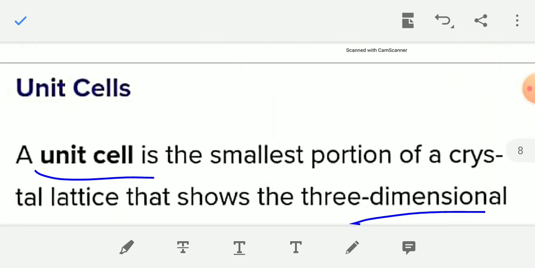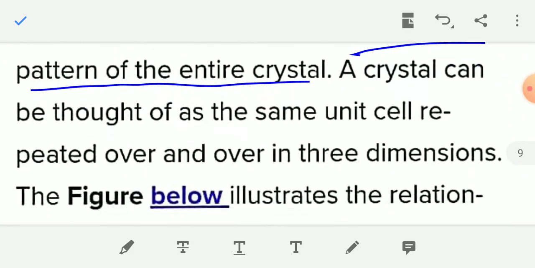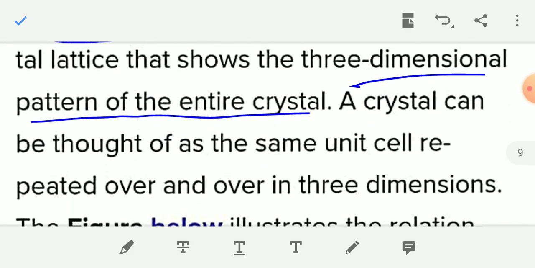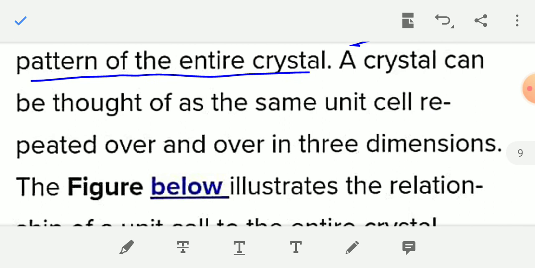I have told unit cell is the smallest geometrical portion of a crystal lattice. And a crystal can be thought of as the same unit cell repeated over and over in three dimensions.